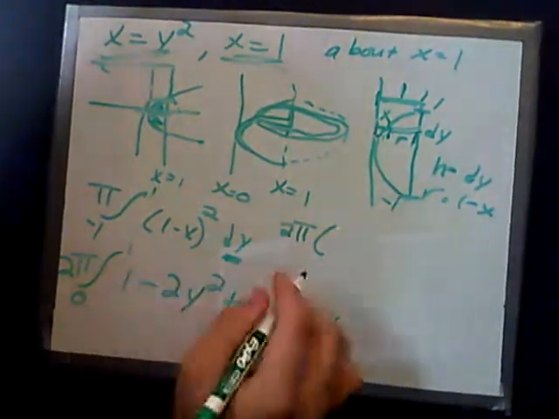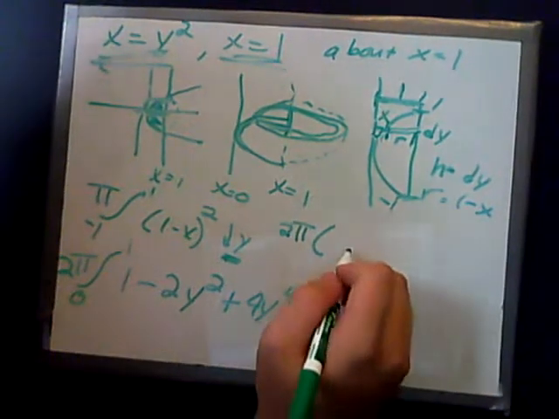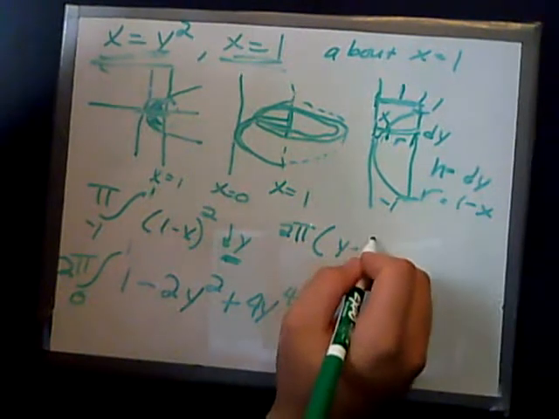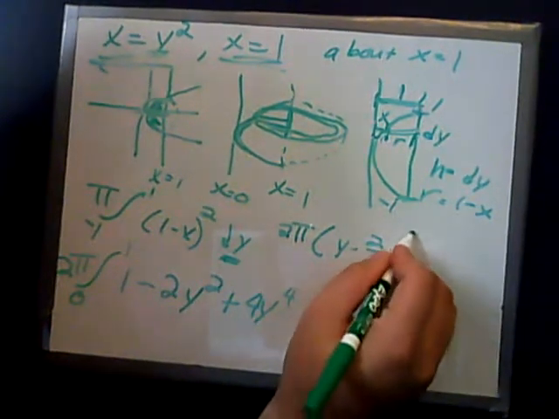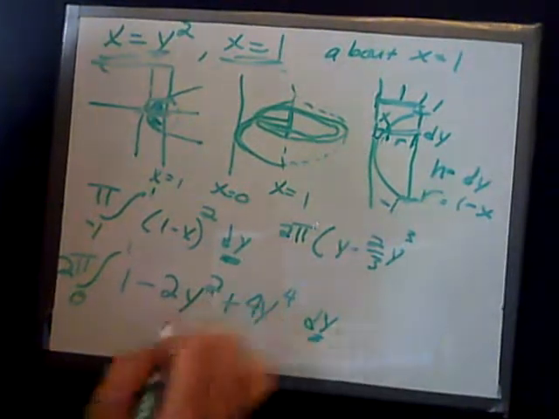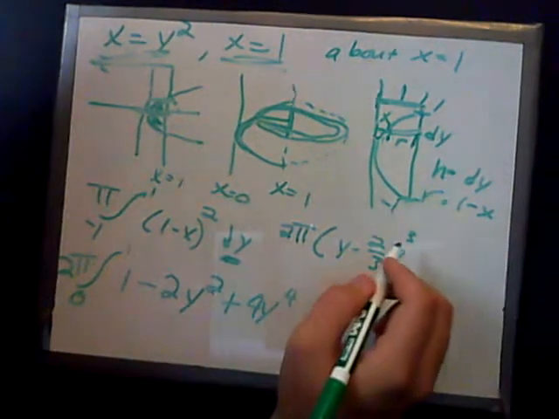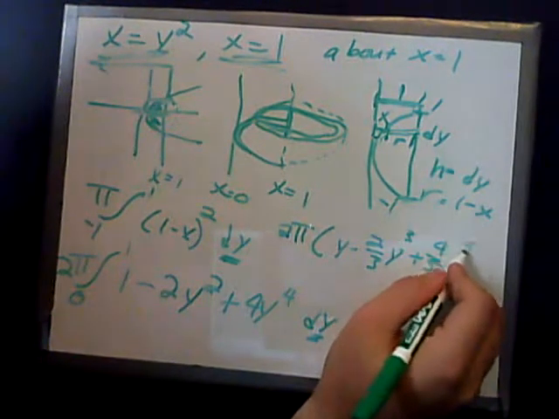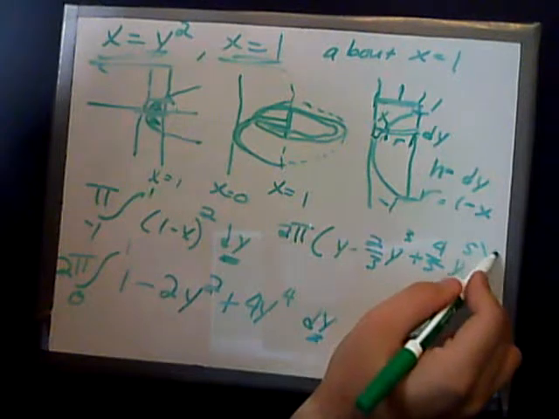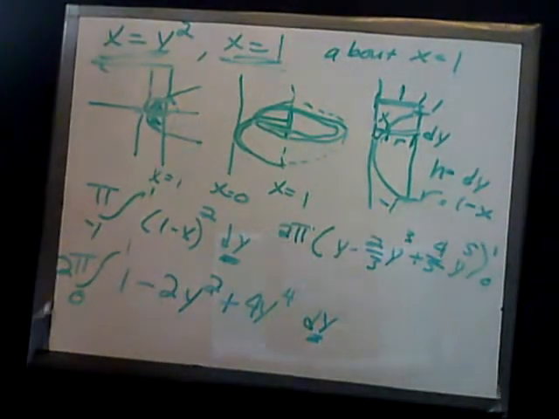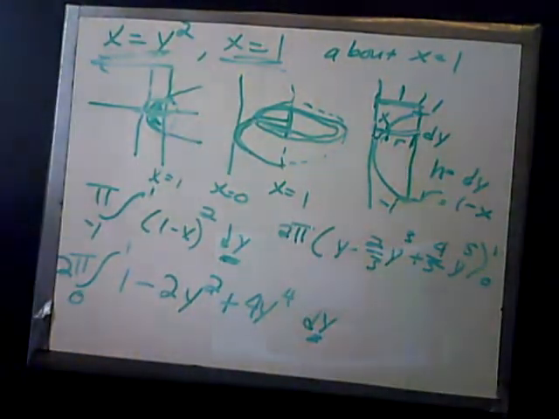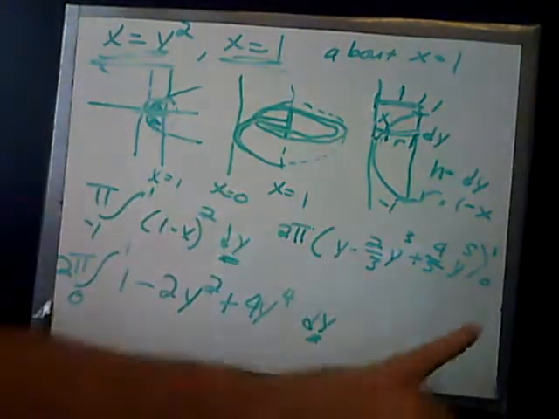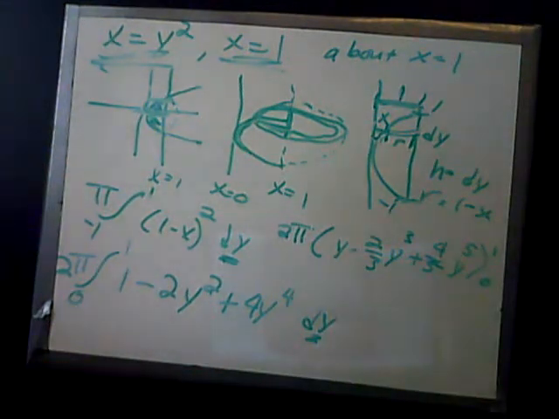And now if we integrate this with respect to y, this becomes y, -2y squared becomes -2/3 y cubed, because we increase the power by 1 and then divide by that new number, and then plus 1/5 y to the 5th. And this is all evaluated from 0 to 1. And the nice thing about this is now we know if we plug in 0, all these terms are 0, so that won't do us any good. So all we have to do is plug in the number 1.